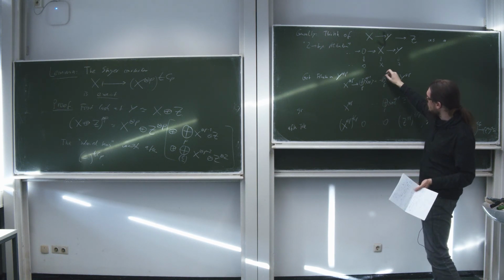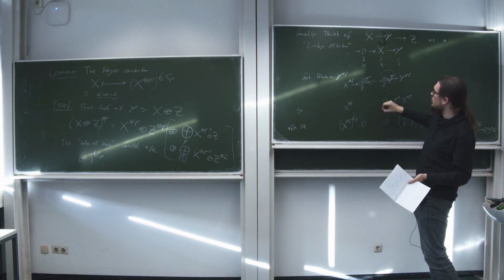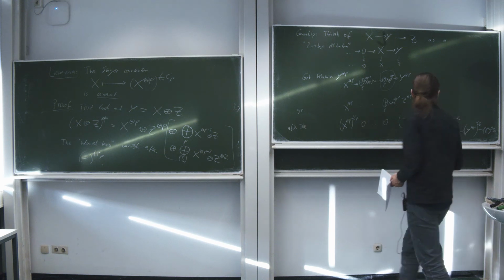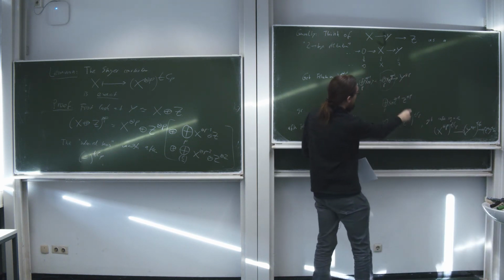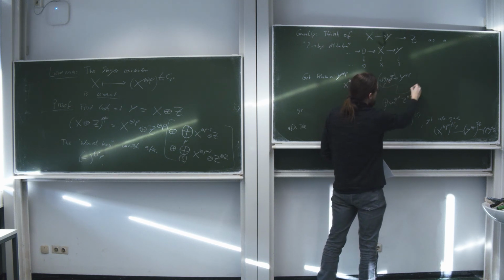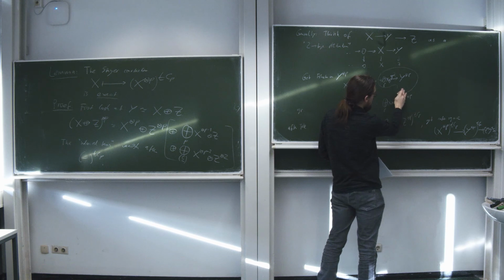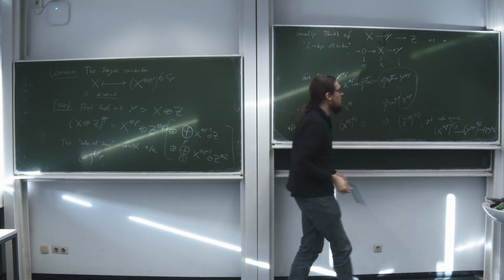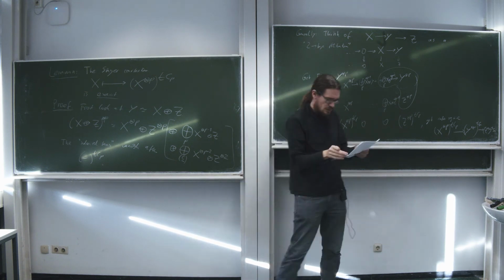So Tate of this guy over here gets identified with Tate of this guy. So in some sense, the cofiber sequence we have down here is just the cofiber sequence we get here from the observation that the associated graded term is this z to the tensor power of p. Right.